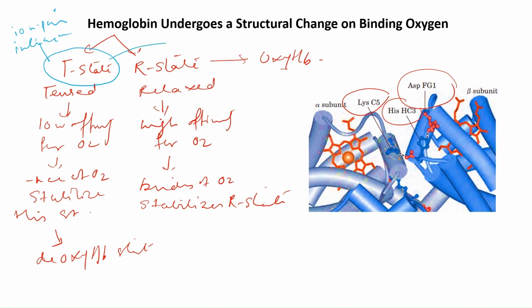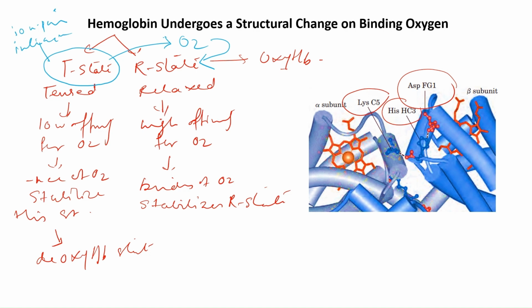As soon as oxygen binds, the T state will convert into the R state. Because the T state is stabilized by some ion pair interactions, during this conversion the existing ion pair interactions will be broken and some new interactions will form.